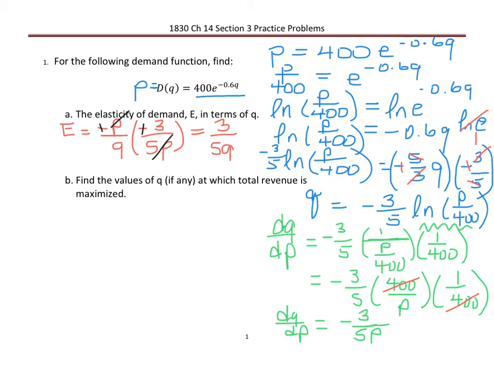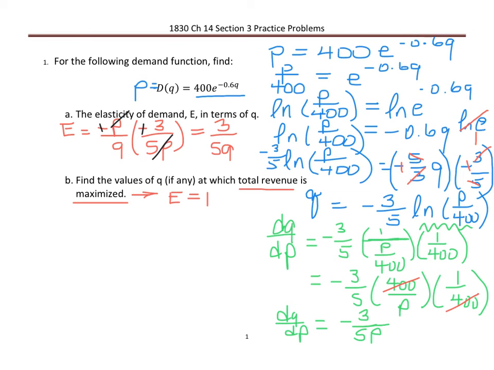And the other part we need to remember is that total revenue is maximized when E has unit elasticity, or when E equals 1. And the reason for that is because when your demand is inelastic, that means your revenue is increasing.